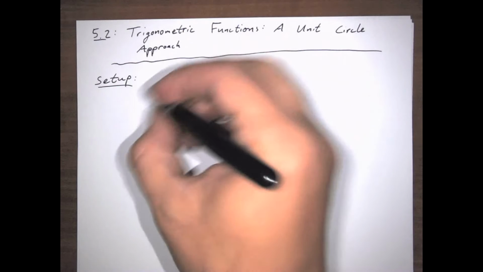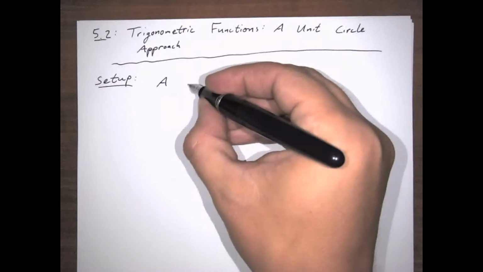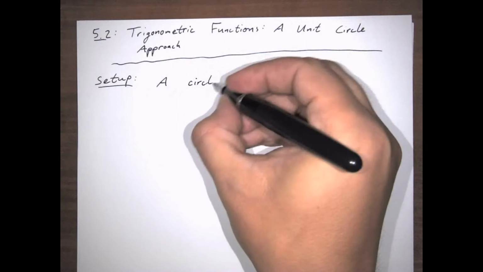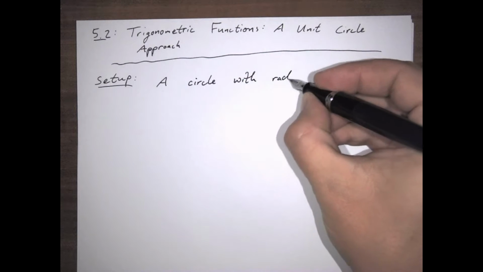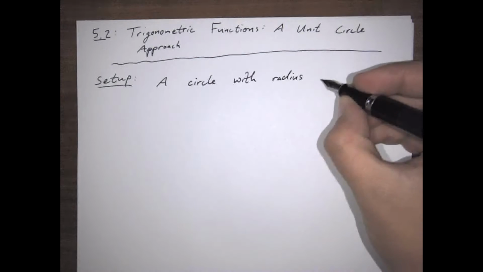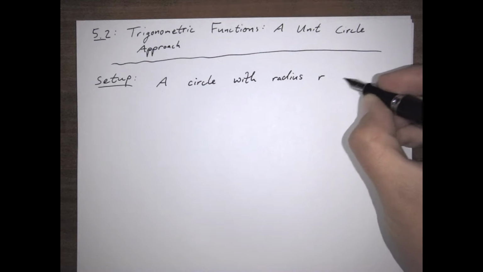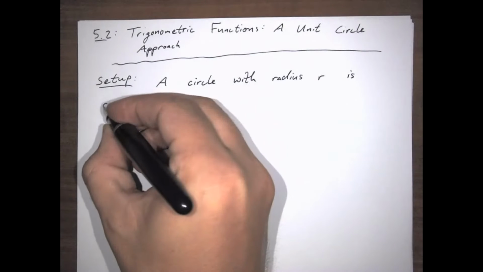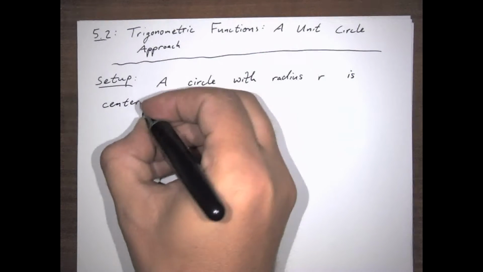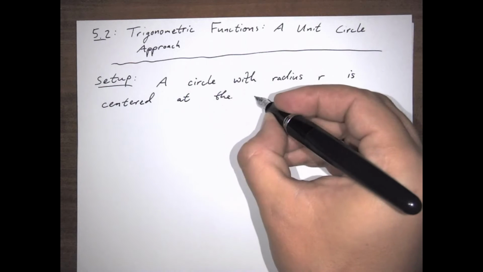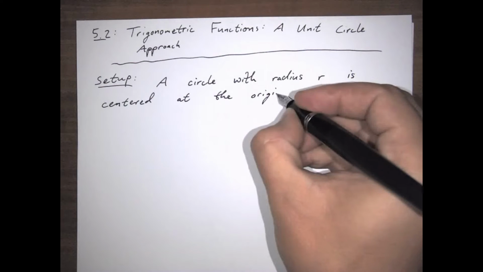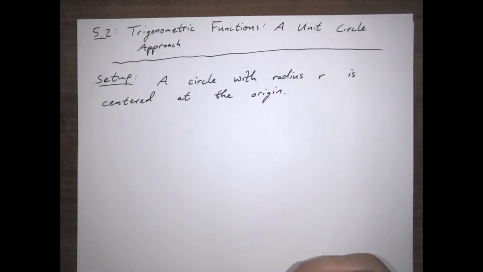So a circle with radius r, so not necessarily just one, is centered at the origin. Okay, so that's our setup.